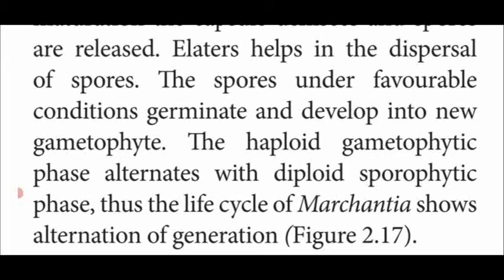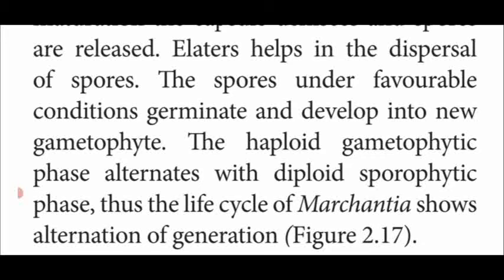So this Marchantia is also showing the haploid gametophytic phase alternating with the diploid sporophytic phase. The gametophyte produces two gametes, male and female, which fuse together to produce a diploid zygote.